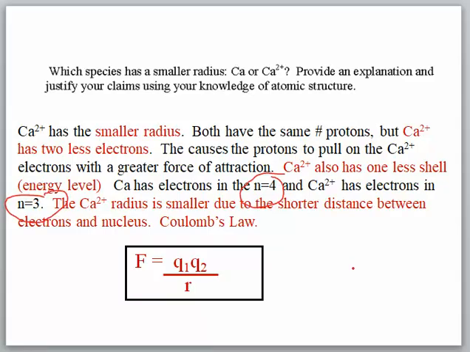Your calcium 2+ has electrons in the 3rd energy level, while neutral calcium has electrons in the 4th energy level. So you're looking at a shorter distance and a smaller radius, because of those numbers of protons.